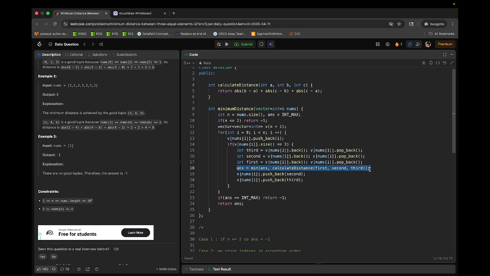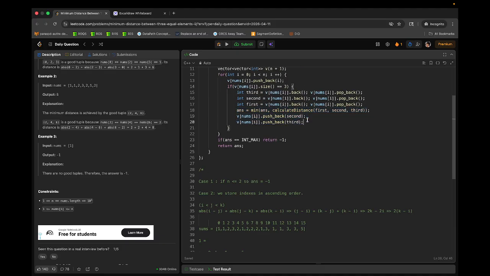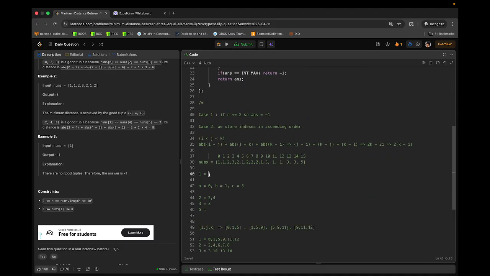So we'll calculate the answer and then we'll simply insert the second and third value. Because with 0, 1, 5, the next index that comes needs to be compared with these two. Hence, we removed all the 3 and then inserted 1 and 5, so that when 1 comes next time, it can be compared with just the previous 2.